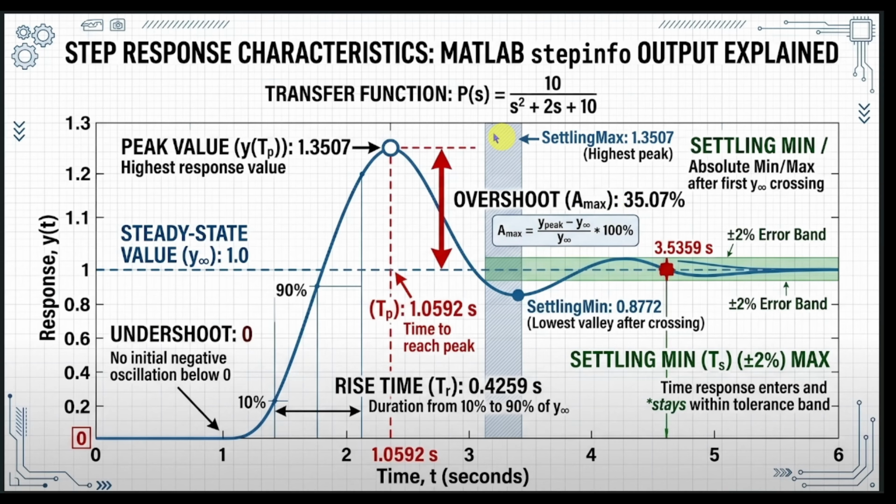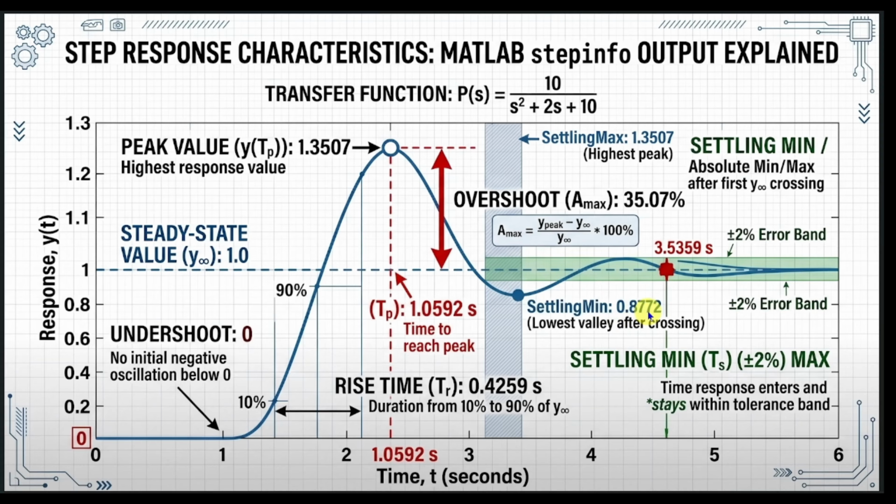MATLAB tracks the highest and the lowest points during its bouncing phase using settling max and settling min, which is the lowest value after crossing the steady state line, at around 0.8772.